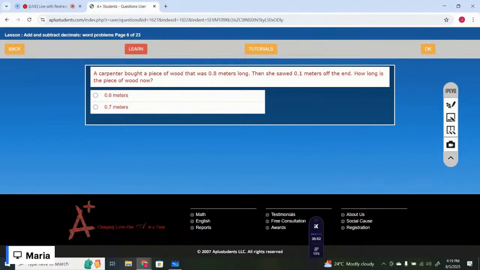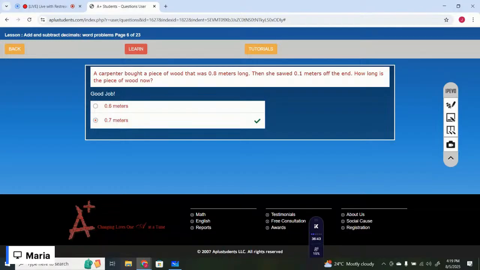How long is the piece of wood now? 0.8 minus 0.1 is 0.7. Option number 2 is the correct option.